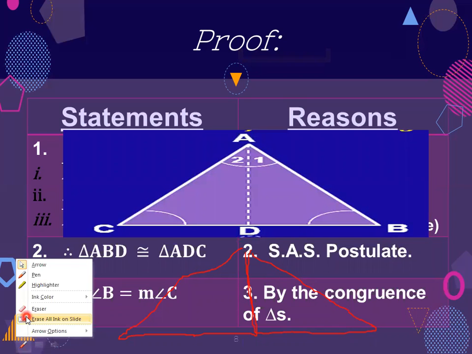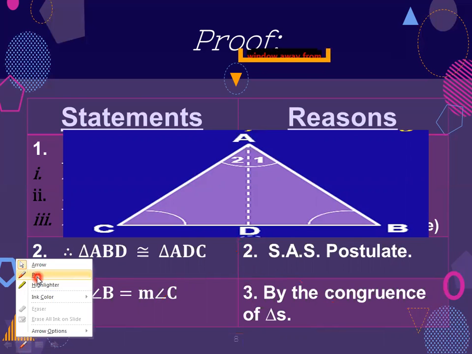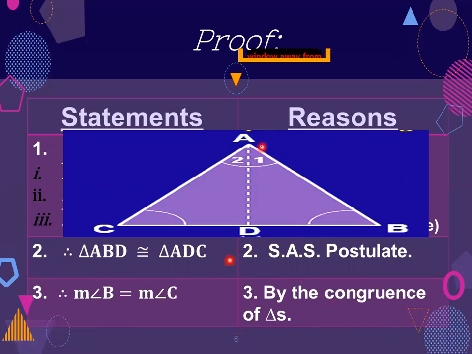In statement number 2, you have: therefore triangle ABD. Where is triangle ABD? Here you have triangle A, B and D, corresponding to triangle ADC.